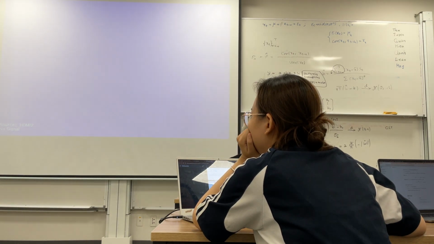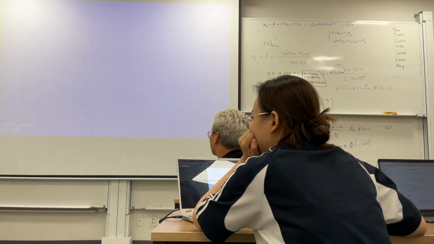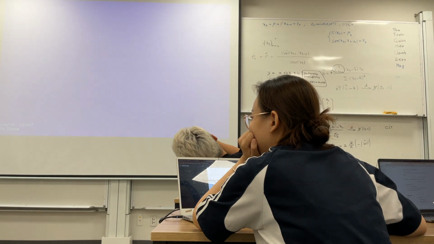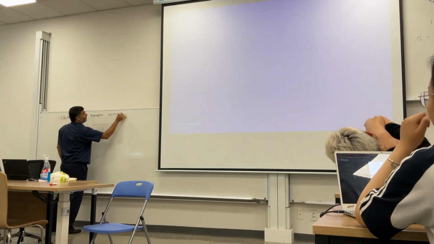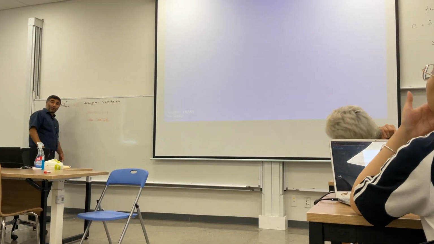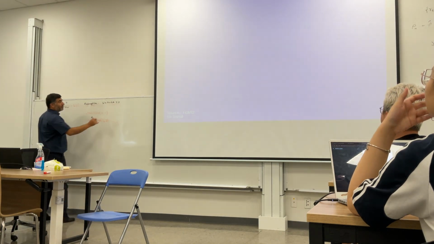Well, one approach is to say, and it's very important, I assume that the relationship is linear. That's an assumption. y is equal to a plus bx plus some unobserved component u.